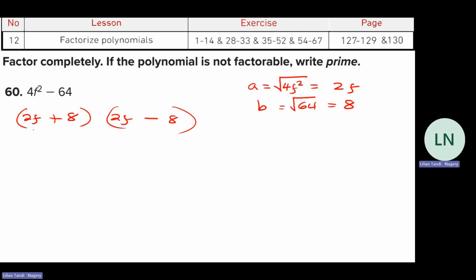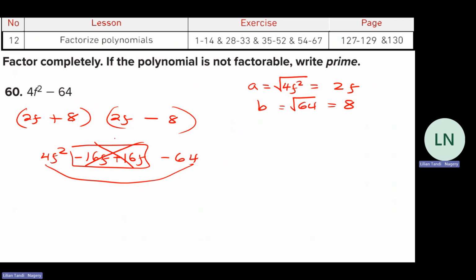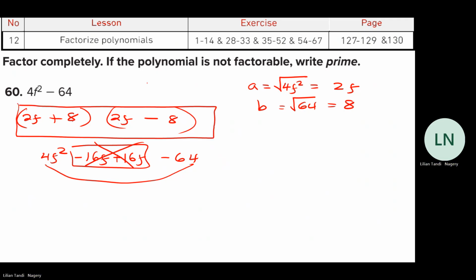Check your work. 2f times 2f, 4f squared. 2f times negative 8, negative 16f. 8 times positive 2f, positive 16f. And positive 8 times negative 8, negative 64. This becomes 0. And this is the question, so this is my answer. Because I know this is a difference of squares.